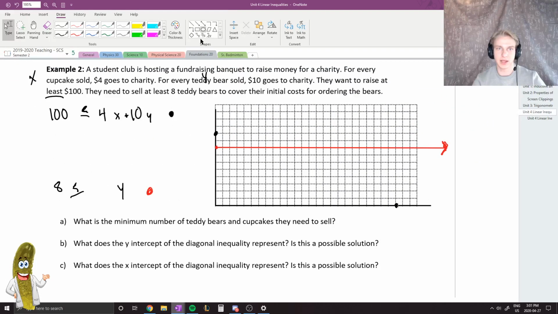And like we did the last time, it would be redundant of us to sell negative cupcakes or negative teddy bears. So we are going to just connect this dot with a straight line. That got messed up at the end there. Connect that there, and we'll do the same thing here. So we have our point of intersection there.